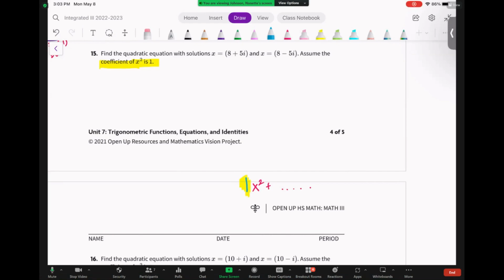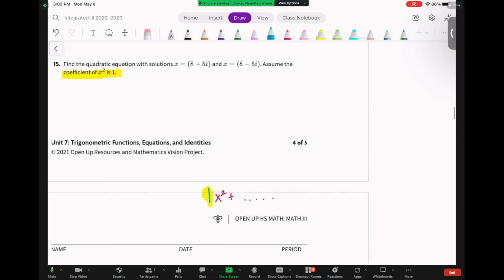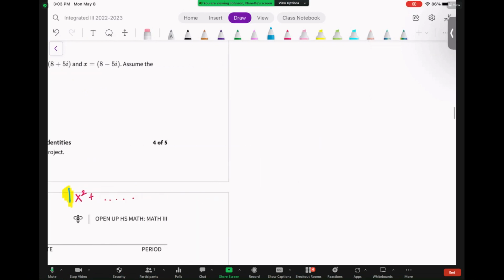The reason why they give you this information, the coefficient is 1, is because can you pretend that they didn't give me imaginary or complex solutions, and they just gave me two numbers? So let's say they said, okay, here are your two solutions, or your x-intercepts, however they label it. And they want you to find the parabola that goes through there.